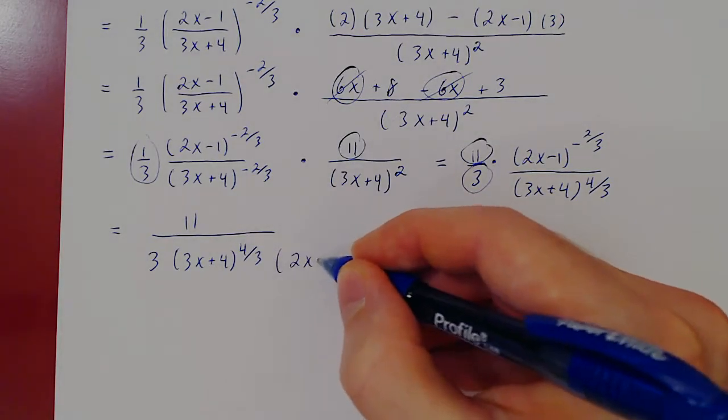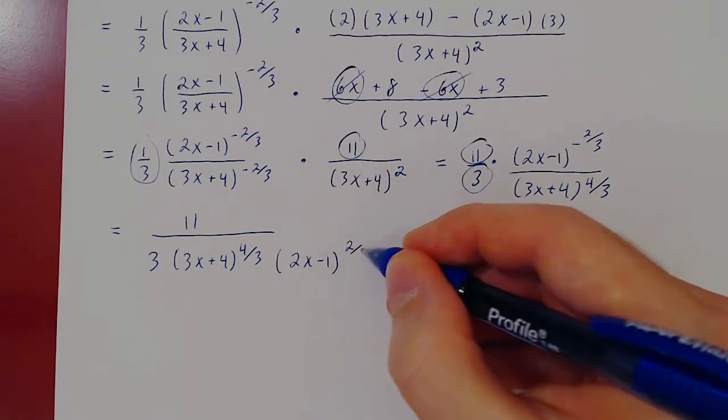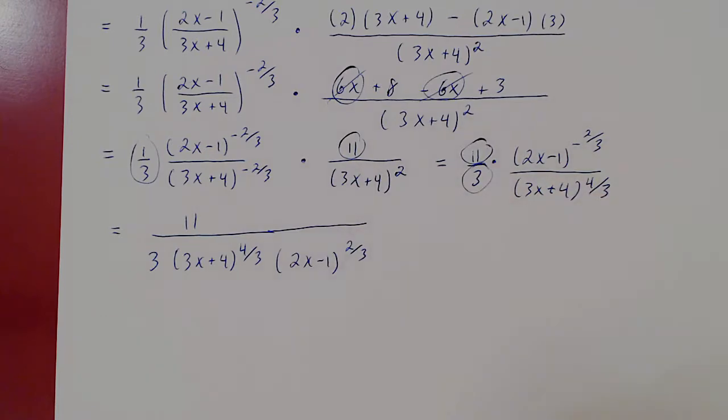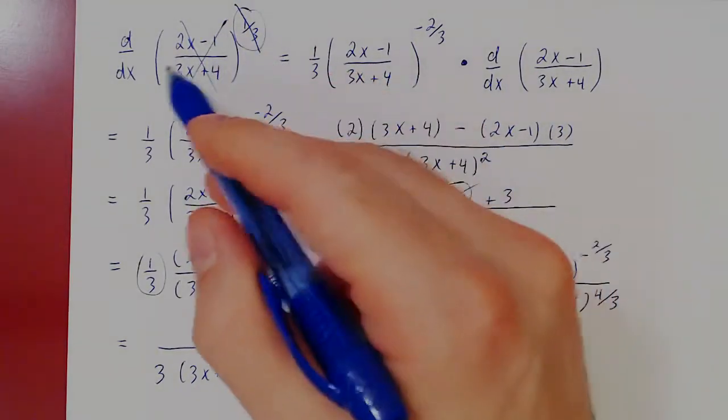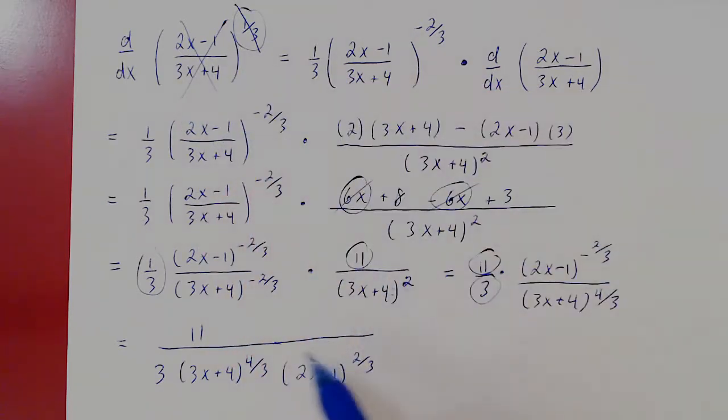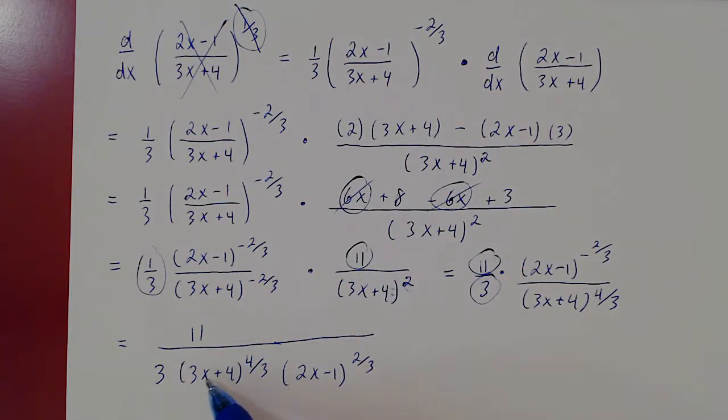So (2x minus 1) to the positive 2 over 3. And that's our derivative. So the derivative of the cube root of (2x minus 1 over 3x plus 4) is 11 over 3 (3x plus 4) to the 4/3 (2x minus 1) to the 2/3. And there you have it.